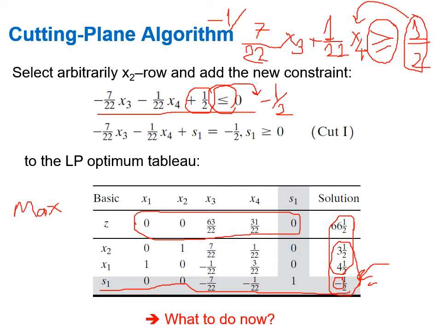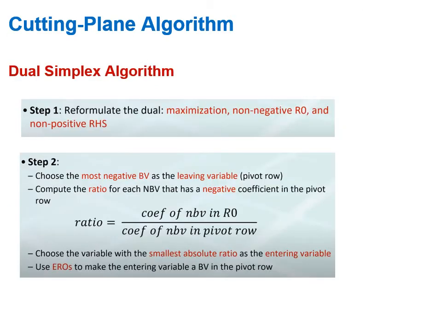Now what shall we do? How shall we find a feasible solution from this Tableau? The thing is, now you cannot use regular simplex algorithms because it always works with feasible tableaus, but now we have an infeasible Tableau. It means that we need a new method. Let's see what it is.